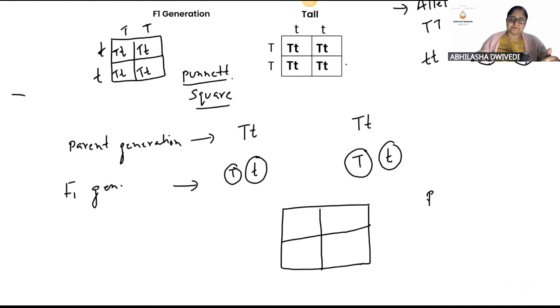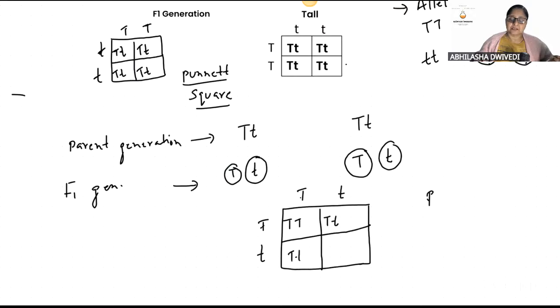Now I'll write T, T, t, and t. As I showed you before, you have to do the pairing. This goes with this. This goes with this. Do along with me so that you can check later whether you got it right or not.